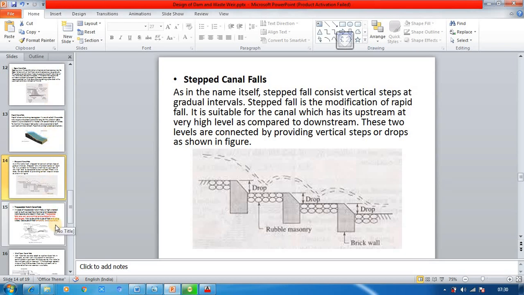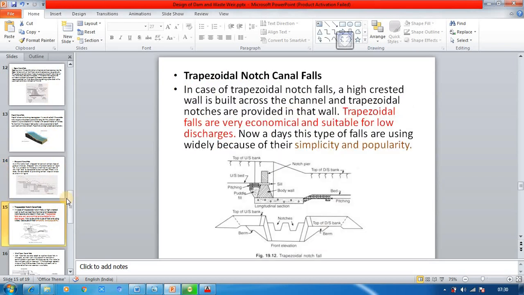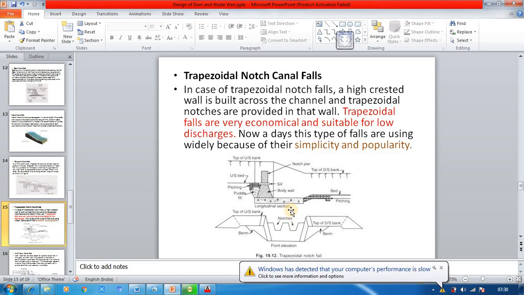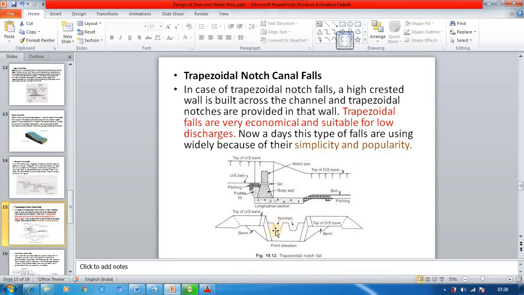Nowadays they are outdated, and the very usual, simple and popular kind of fall which is provided is the trapezoidal notch type of canal fall. And here you will have a notch wall, and a number of notches will be provided where water will flow through these notches, and we need to design the depth and width of the notch here.